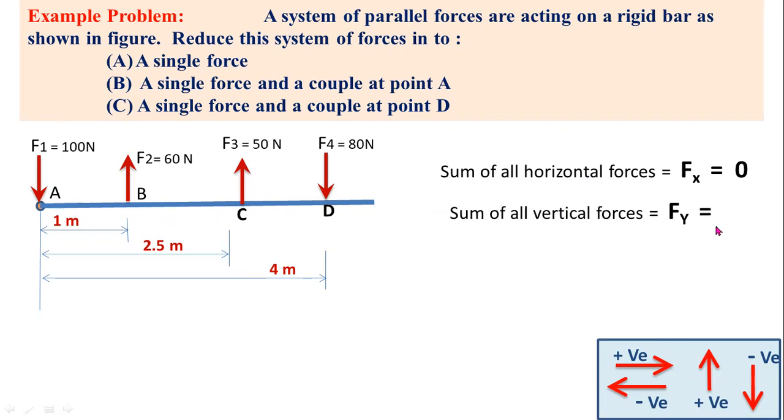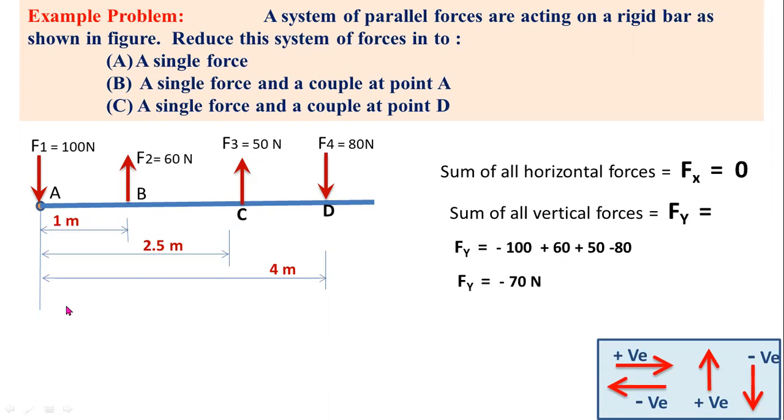And the sum of all vertical forces, you have to consider positive sign for upward action, negative sign for downward action. So this value is minus 100, this one is plus 60, this one is plus 50, this one is minus 80. So minus 100 plus 60 plus 50 minus 80. The sum of all vertical forces equals minus 70 newtons.